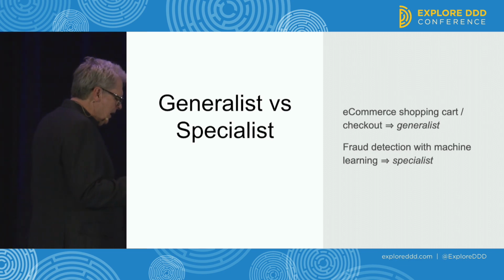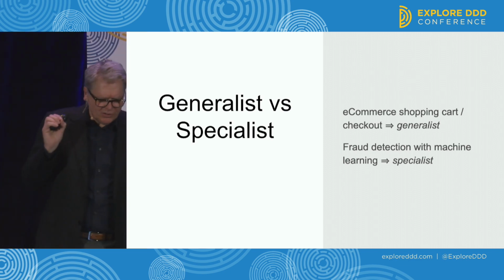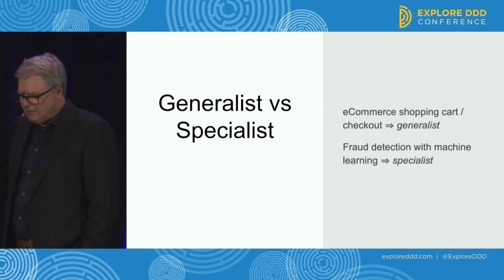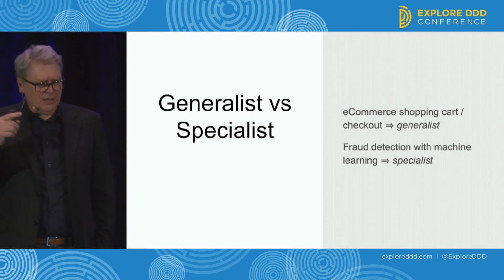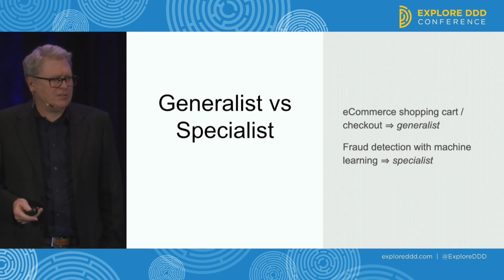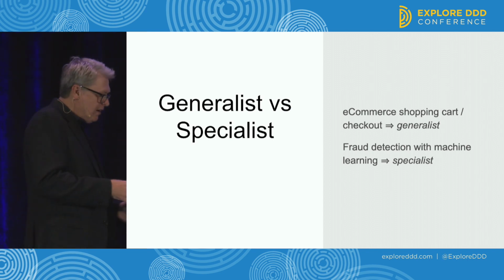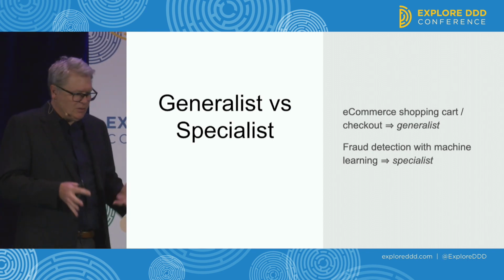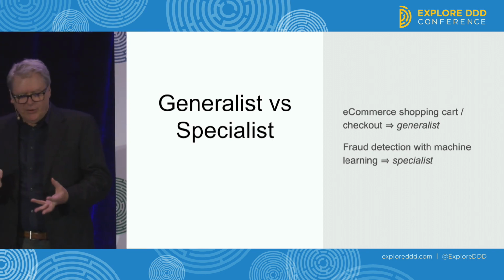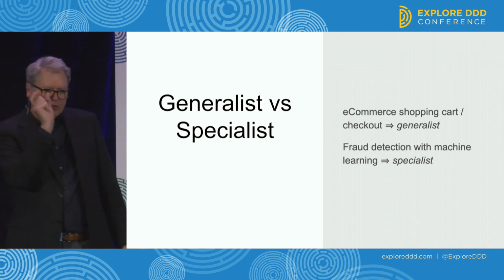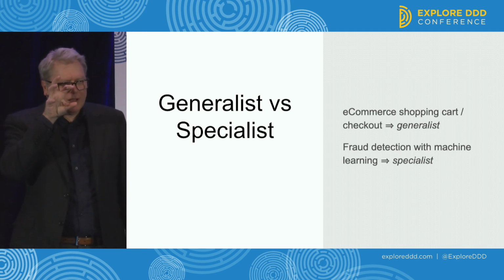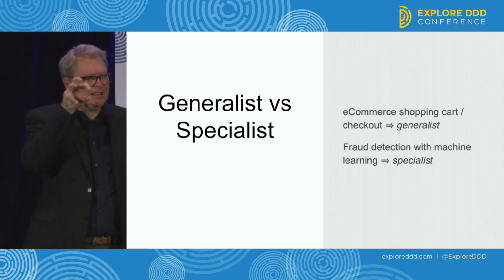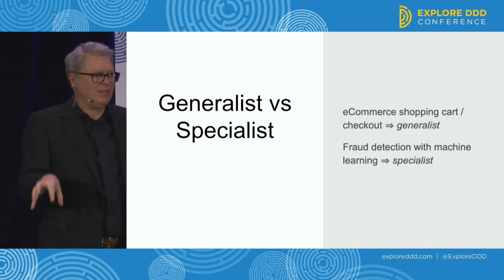You don't need to have some very special new technology for checking out online, on an e-commerce site. On the other hand, if we're talking about some system that's doing machine learning, that's a very narrow specialty. I probably want that context to have as little in it as possible, just that one thing.